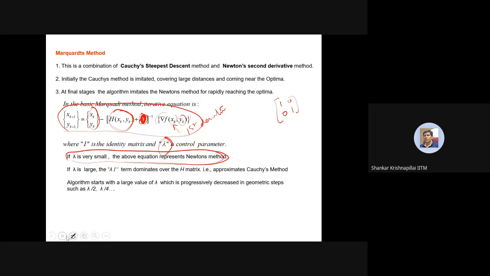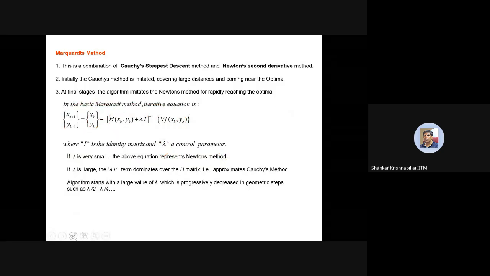Then if lambda is very large, the lambda into I term dominates over the H matrix, and this will become negligible. Suppose you put lambda equal to 10,000.